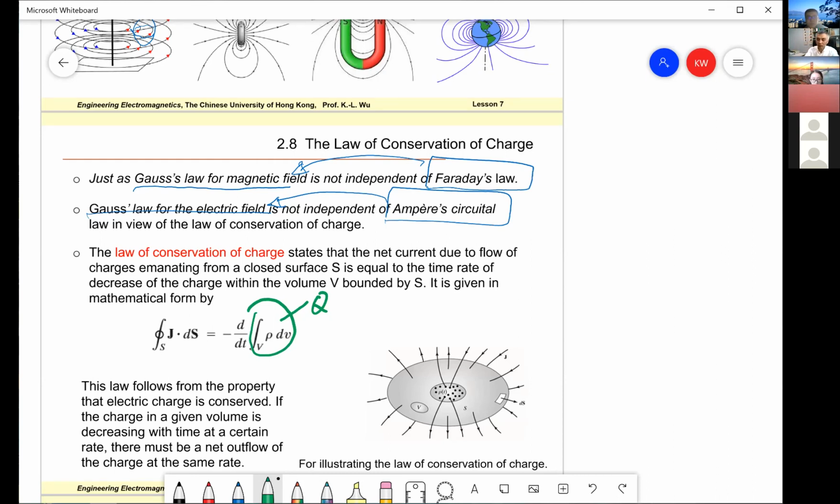So that's why we need to have this minus sign. Once the charge decreases, current going out is in the positive direction. Then when the charge increases, the current goes in the negative direction.